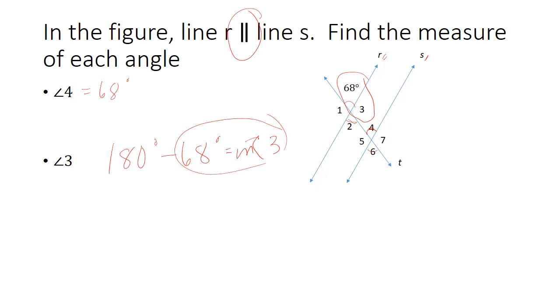The measure of angle 3 is going to be 112 degrees. Now, if the measure of angle 3 is 112, and angle 3 and angle 7 are corresponding angles, then the measure of angle 7 has to also be 112 degrees.